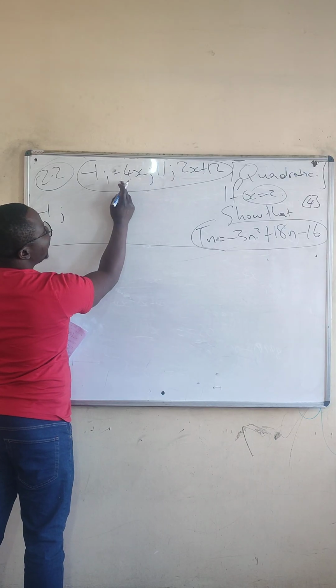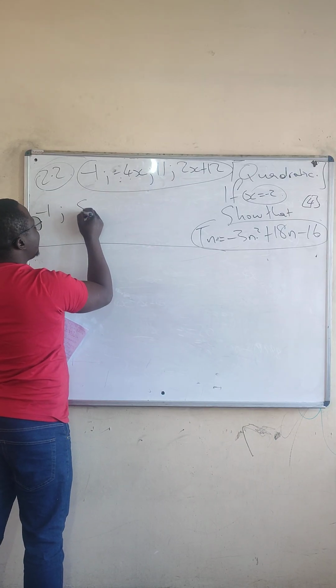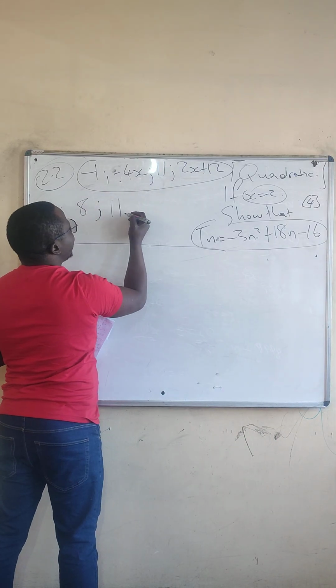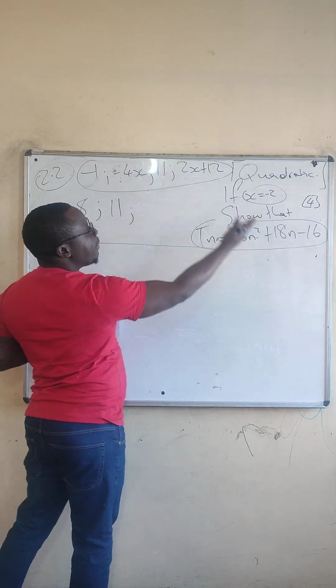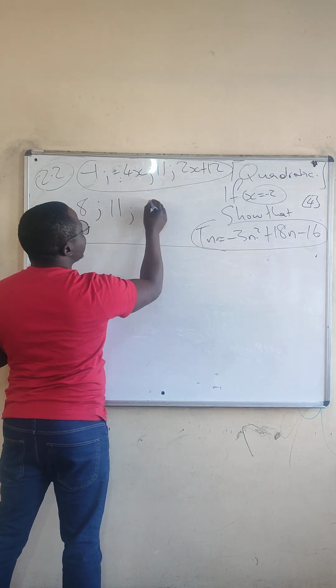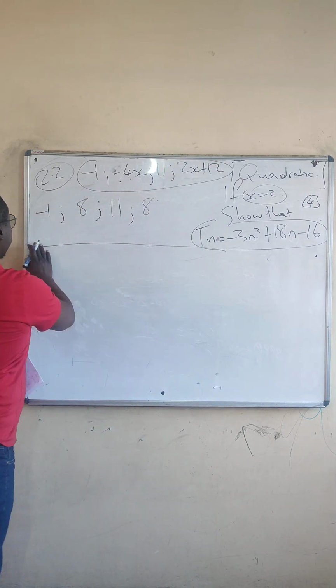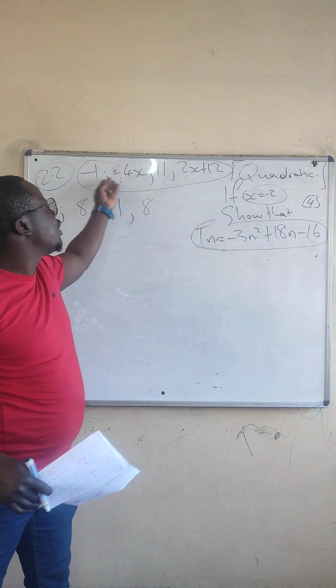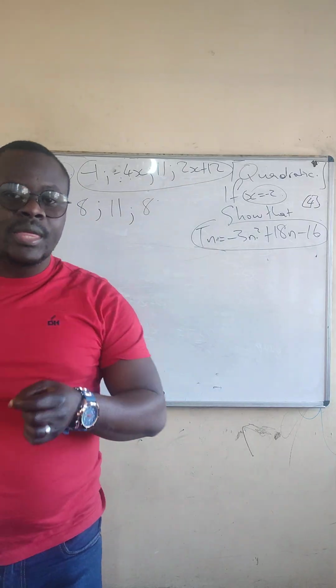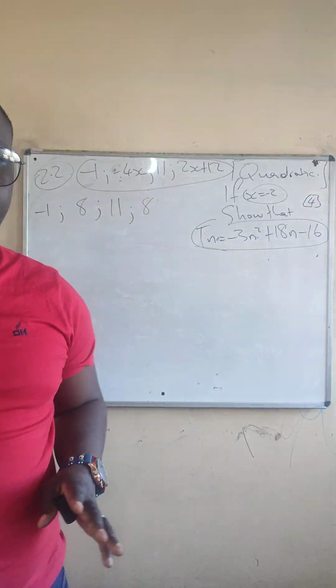X is negative 2, so minus 4 times minus 2 is positive 8. There is 11. And then 2 times minus 2 is negative 4, plus 12 gives positive 8. So we are rewriting this sequence, but this time without the value of x.